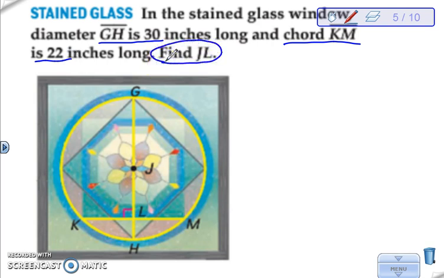So if we find point J, we find point L, this is what we're looking for. We notice that JH is a radius, or another way to look at it is that we have a diameter from G to H. We said anytime the radius or diameter makes a right angle with the chord, the chord is split in half.